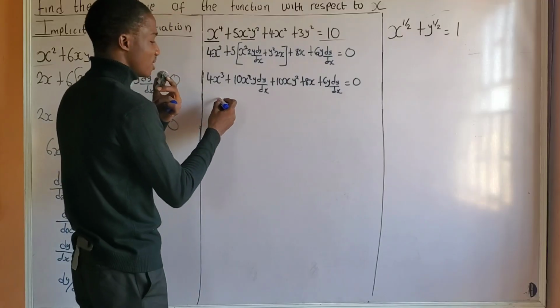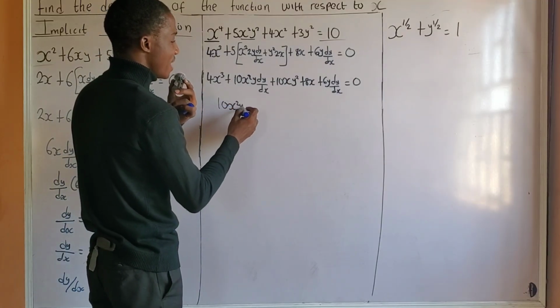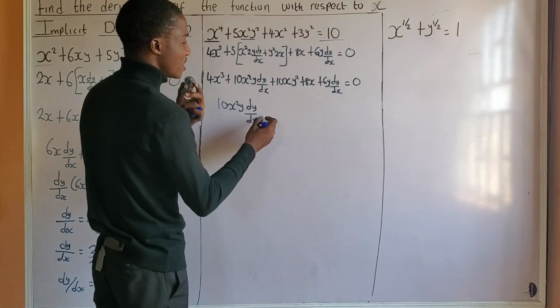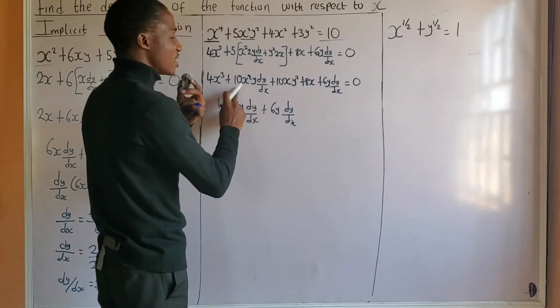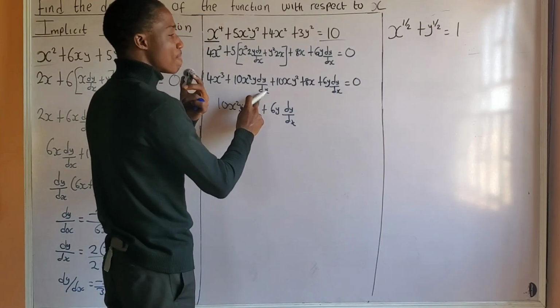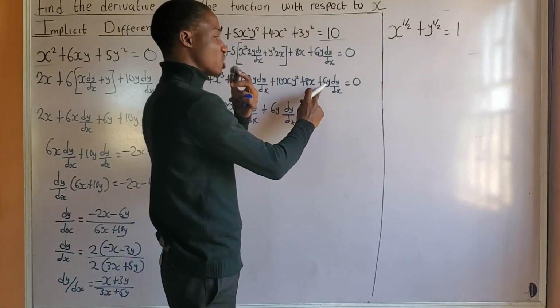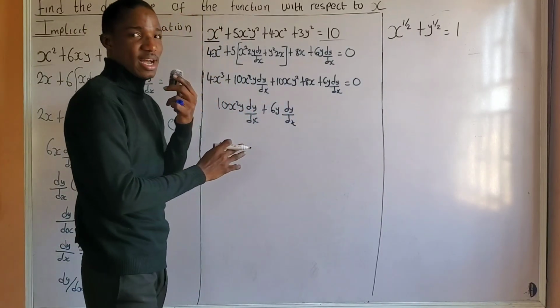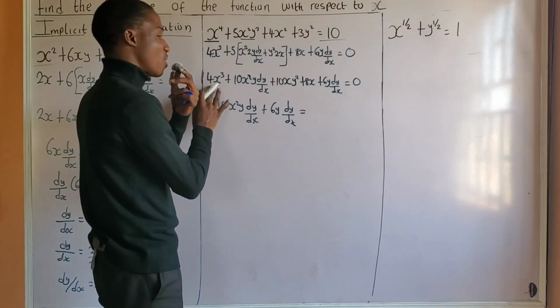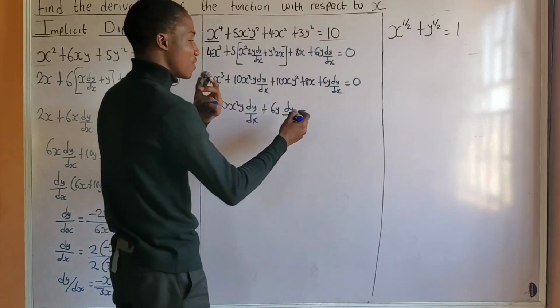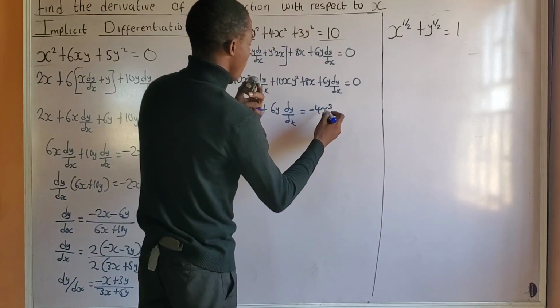So I'm going to have 10x squared y dy over dx plus 6y dy over dx, because 10x squared y is attached to dy dx, and dy dx is also attached to 6y. So I bring them together. Are you getting it? Now this will be equal to, now take this 4x raised to the power of 3 to the right hand side. I'm going to have negative 4x to the power of 3.